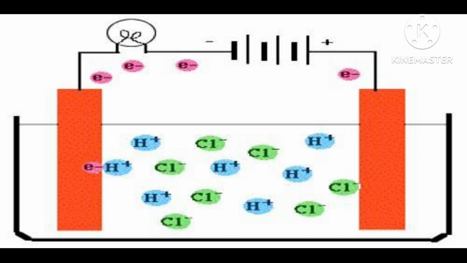Why and how? The first definition: flow of electron is called current. Second definition: flow of charge is also called current.